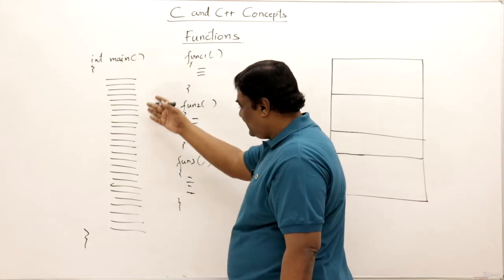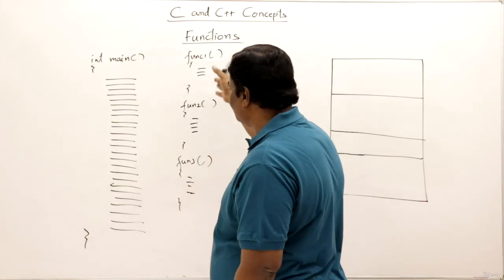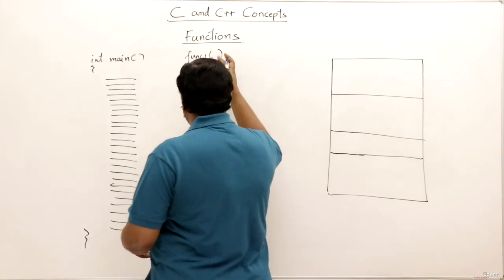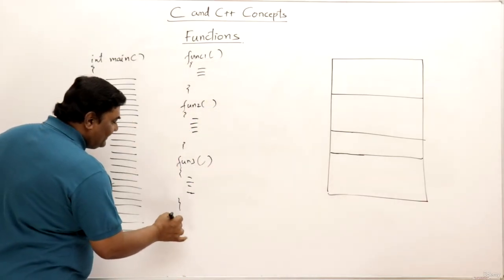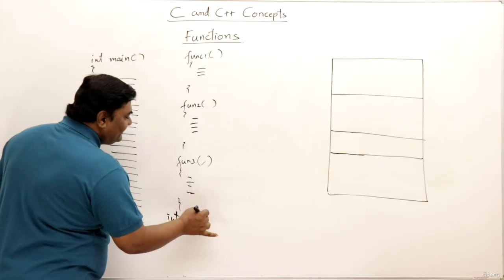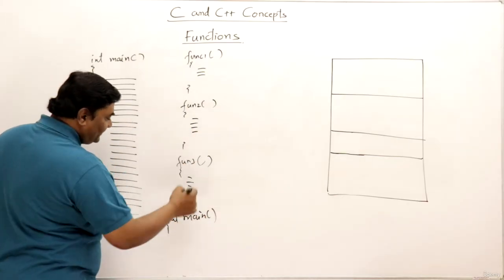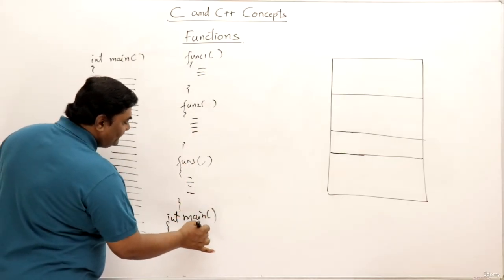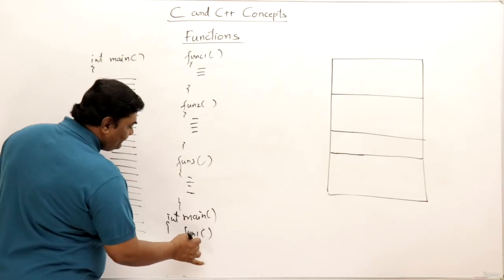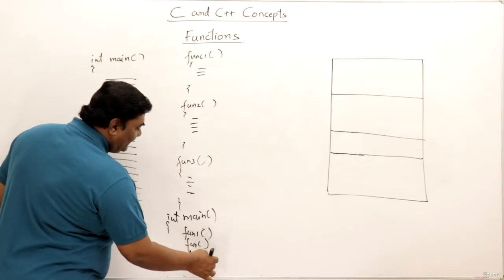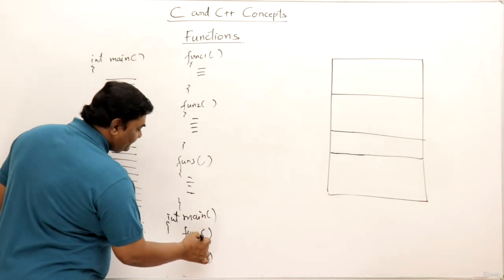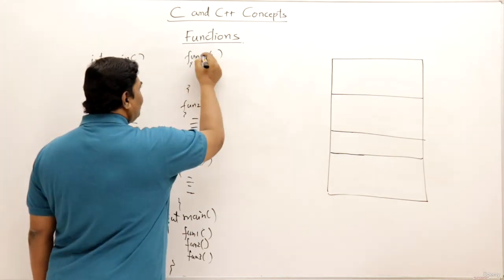So I can break this larger task into smaller simple tasks and then use them all together inside the main function. Inside the main function I can call function 1, function 2, and function 3. For example, I have taken these three functions.